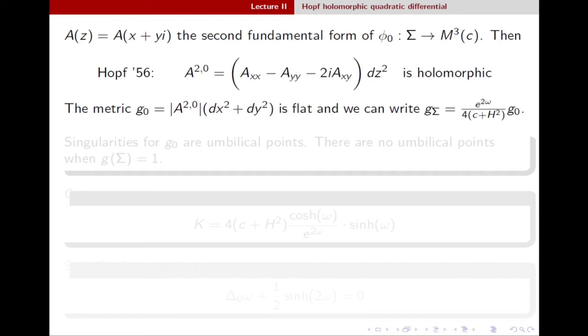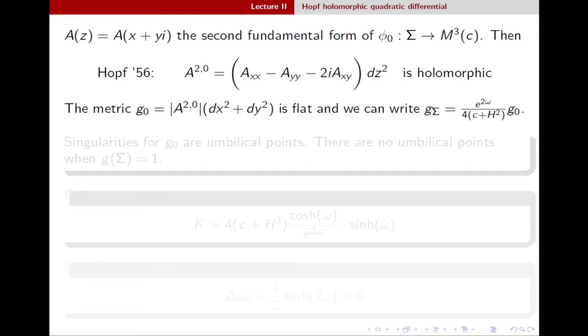If you are, for example, dealing with a sphere, then in fact your sphere must be totally umbilical. So the case of spheres is well known, it's just the theorem of Hopf. Okay, and for other topological types of surfaces, then these singularities, these umbilical points, are always isolated, and in fact there are formulas that allow you to count the number of singularities in these surfaces.